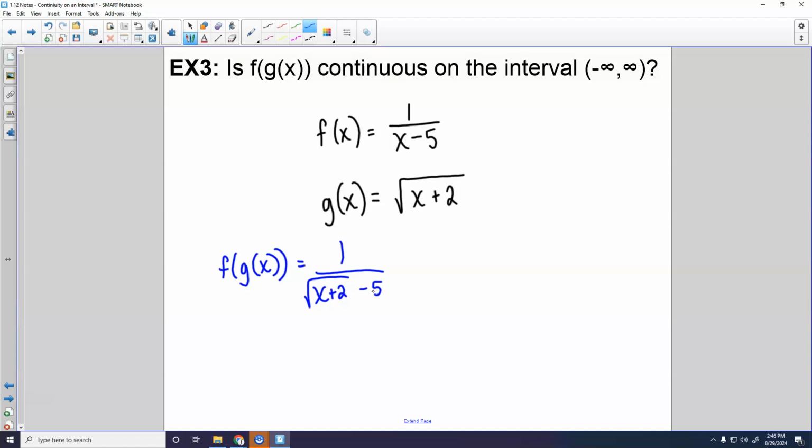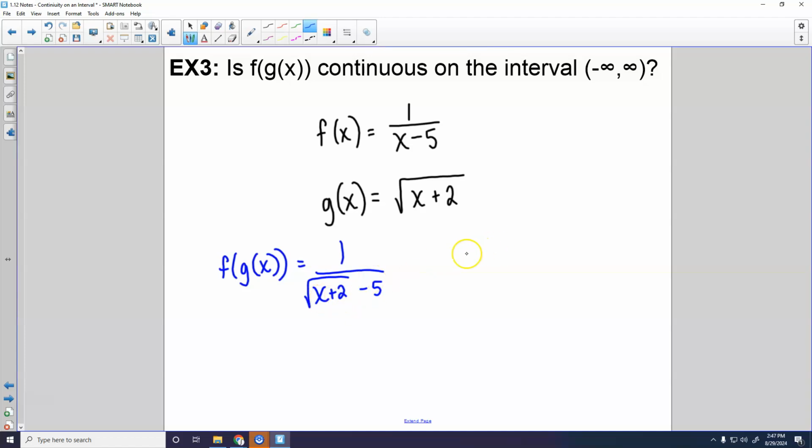So, can somebody think of a point that would make that discontinuous? Any point that would make it not continuous. 23?